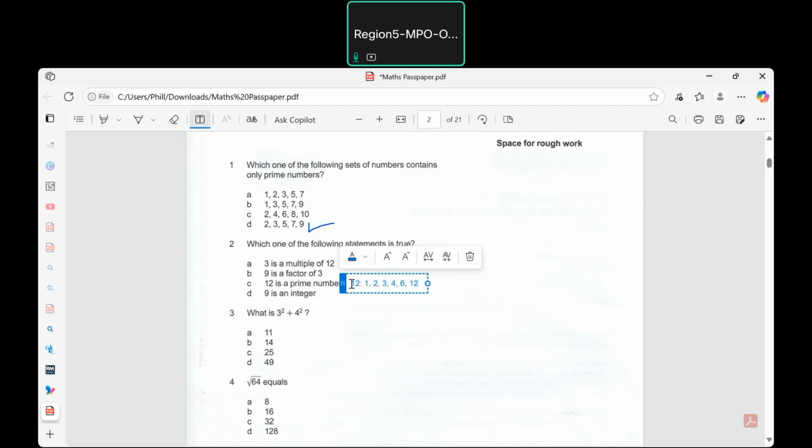So here we find that 12 has 1, 2, 3, 4, 6 and 12 as factors. So this could not be the answer.